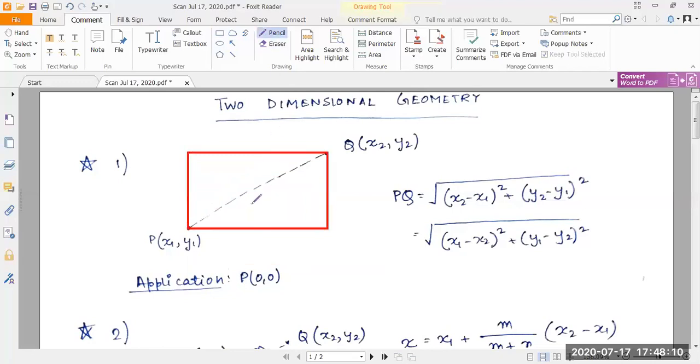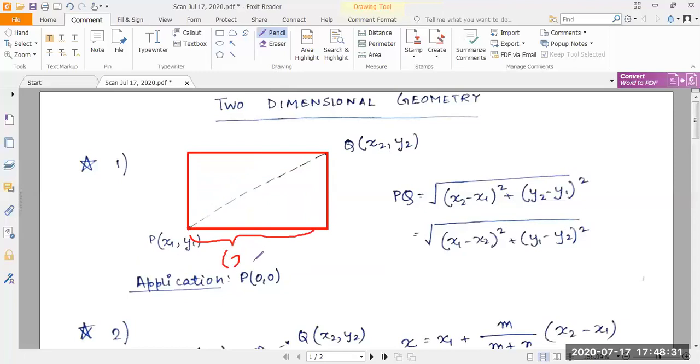Now why I drew this is, as I know the coordinate of P is x1, y1 and the coordinate of Q is x2, y2. So if we have origin somewhere over here, then this distance is x1, this distance is x2. So this distance automatically becomes x2 minus x1.